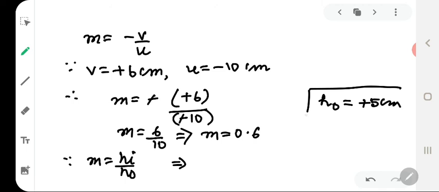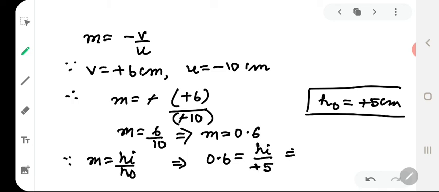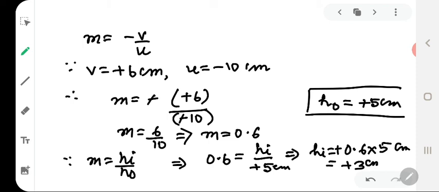So we can write down 0.6 to be equal to height of image by plus 5. So what does that imply? Height of image is equal to 0.6 into 5 centimeter, and this means it is equal to plus 3 centimeter. So thus the size of the image is 3 centimeter.